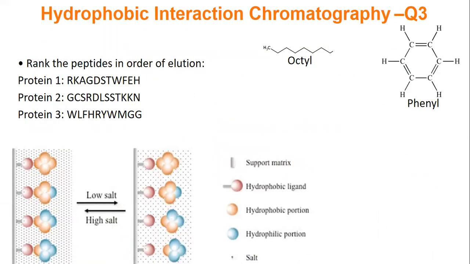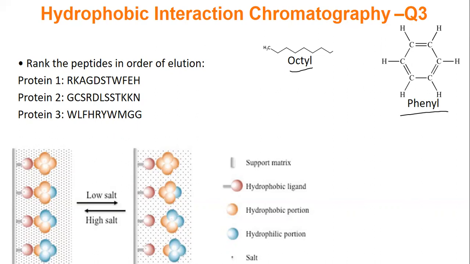Another way to purify proteins from a mixture of proteins is to use the hydrophobic nature of a protein. So here, with this hydrophobic column, it's the same basic idea as the ion exchange column, except this time, instead of charged beads, we're using hydrophobic beads, phenyl or octyl groups.